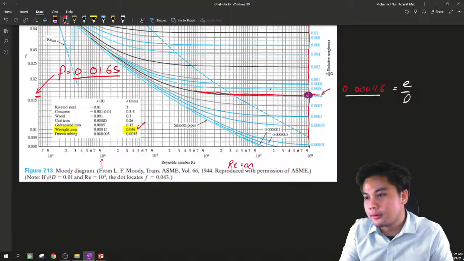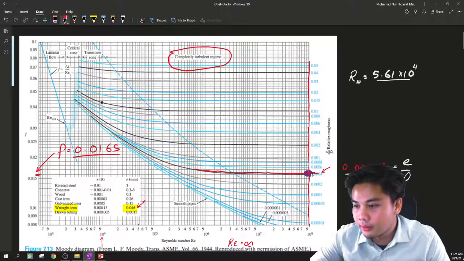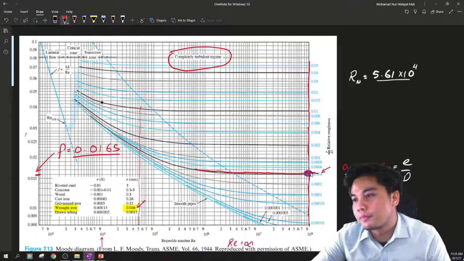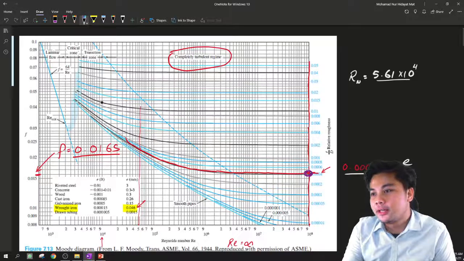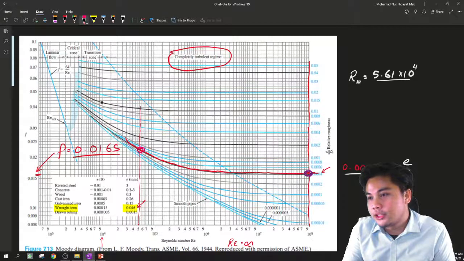Using your ruler, plot directly, go straight, and then you meet with this one. So this is your intersection point.